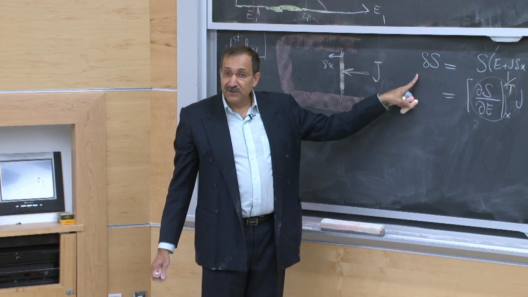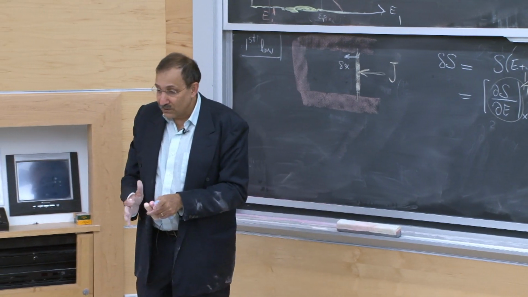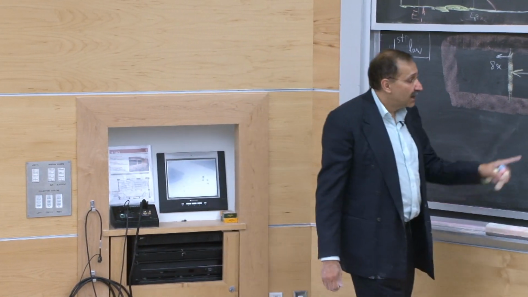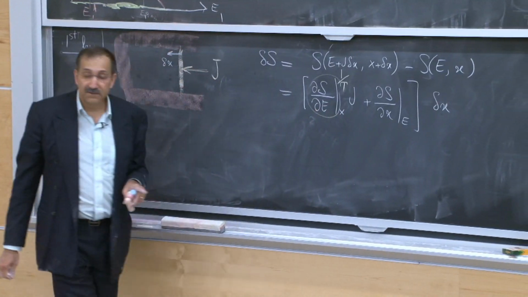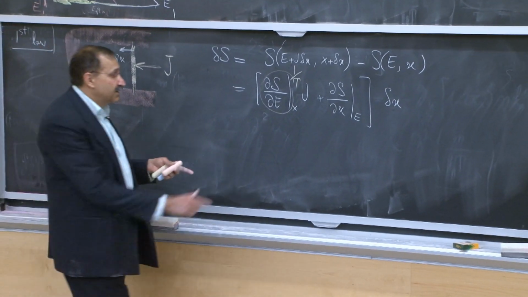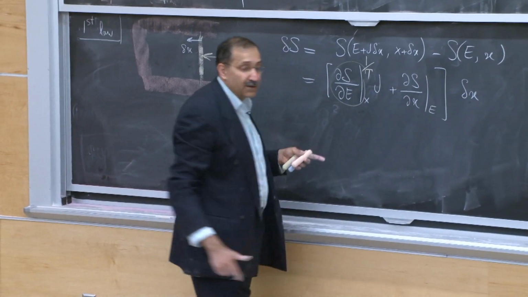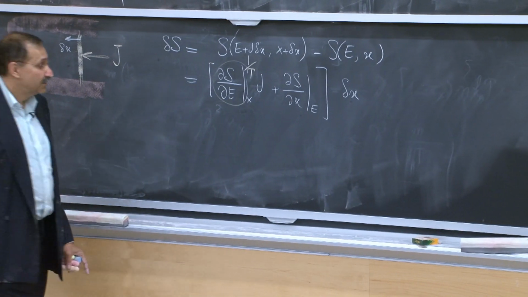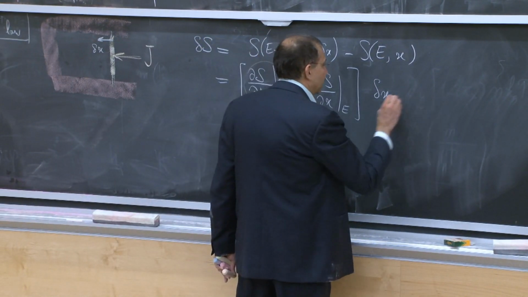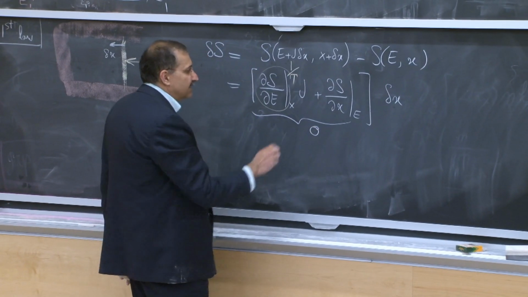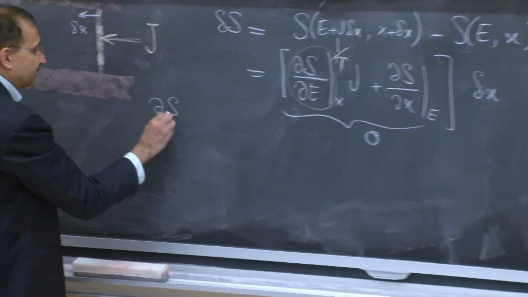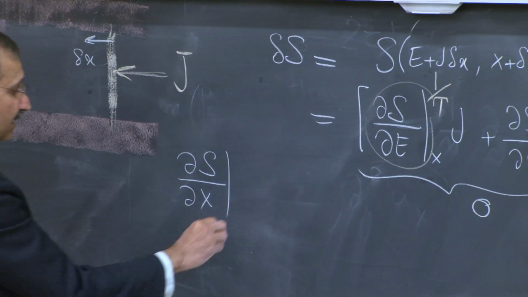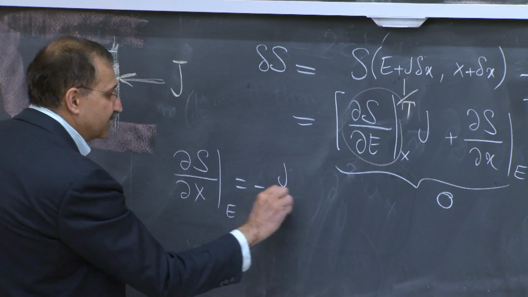So in order to make sure that you don't go to a state that is more probable because there are more microstates, I better ensure that this first derivative is 0. Otherwise, depending on whether this is plus or minus, I could make a corresponding change in delta x that would increase delta S. So what happens here, if I require this to be 0, is that I can identify now that the derivative of this quantity dS by dx at constant E has to be minus J over T.